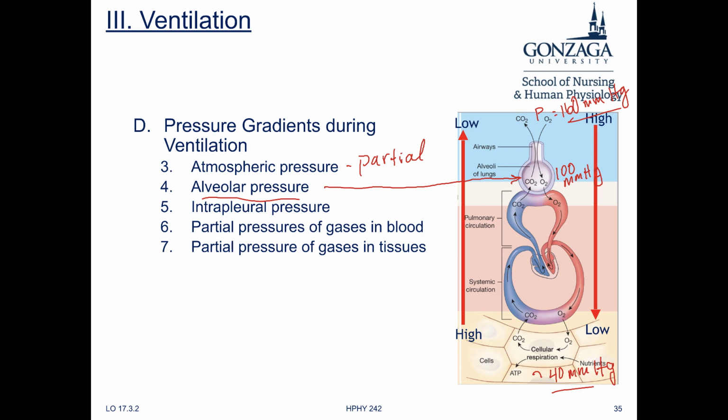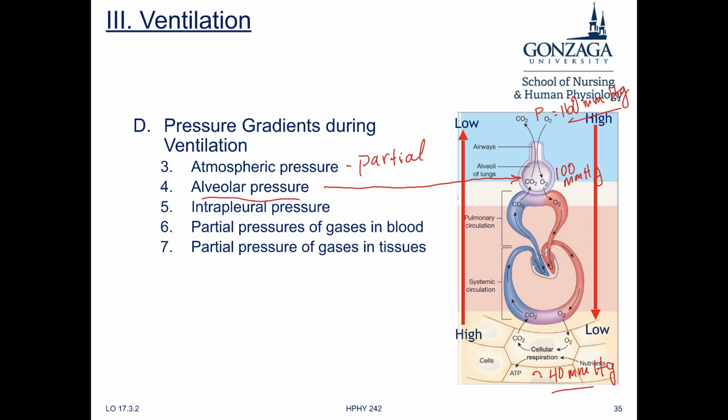And then the next pressure that we need to discuss is the intrapleural pressure, which is not shown on this diagram, but we'll talk about in the next couple slides. But basically, try to think about that intrapleural space that we've discussed previously in this chapter. There is some fluid in there, so the pressure in the intrapleural cavity is subatmospheric.